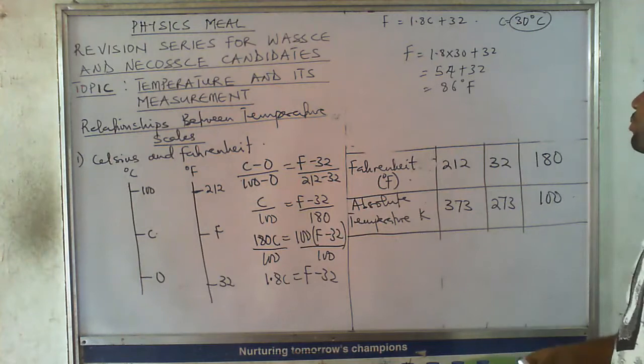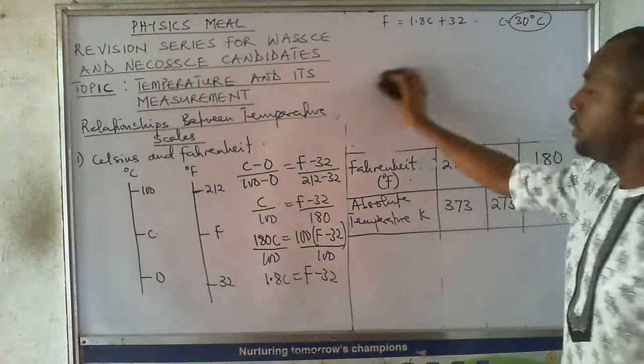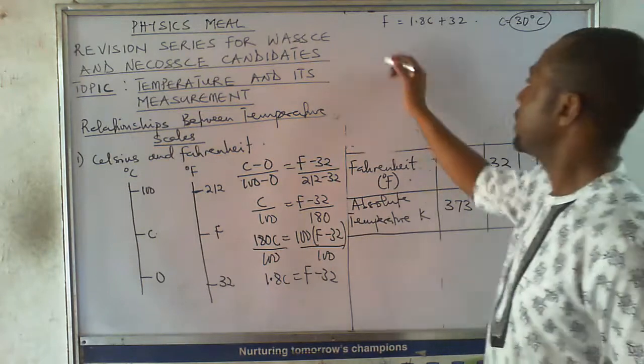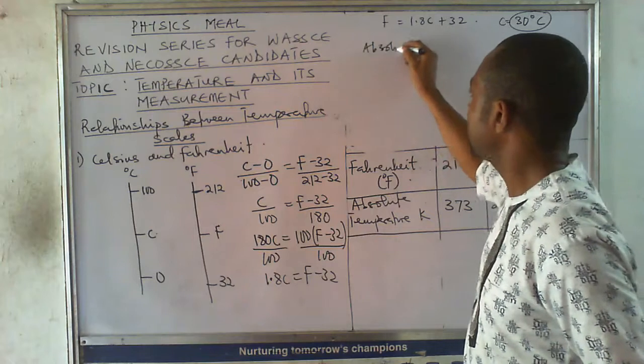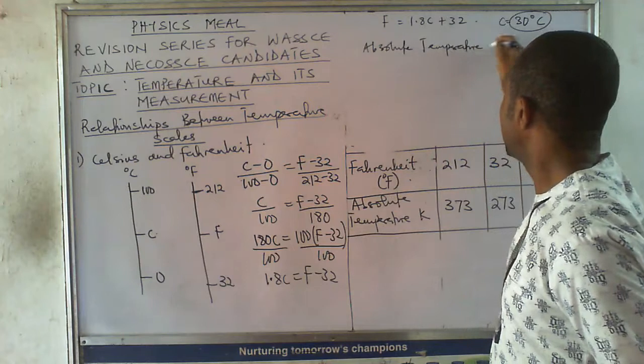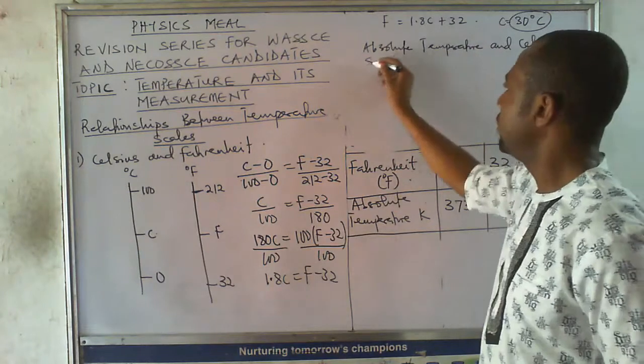Now, the same way you can actually obtain the relationship between the Kelvin scale, that's the absolute temperature scale, and the Celsius scale.